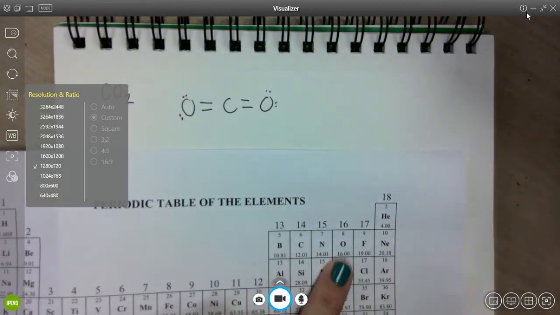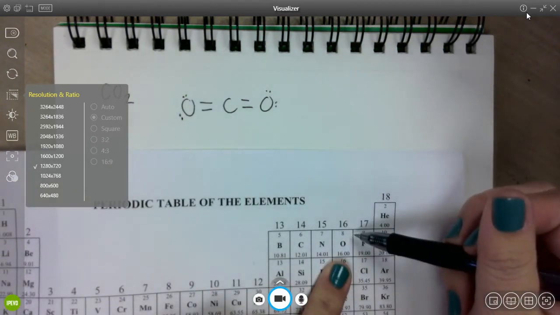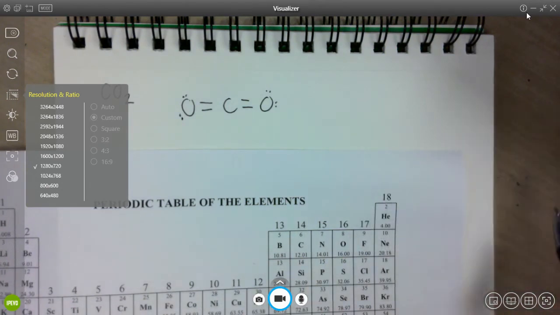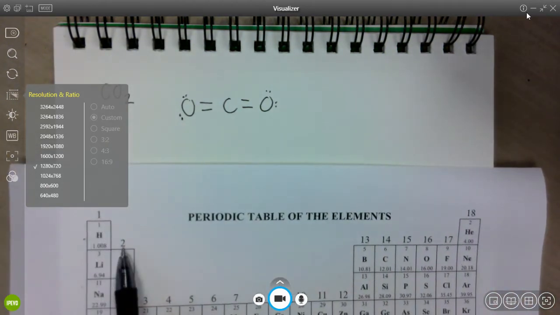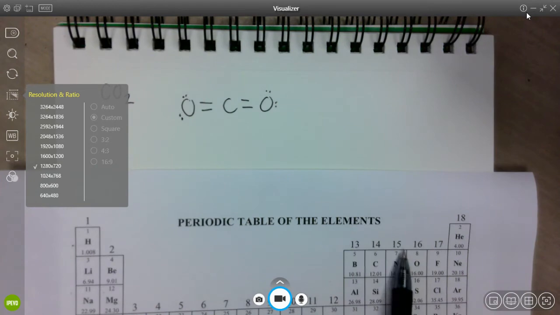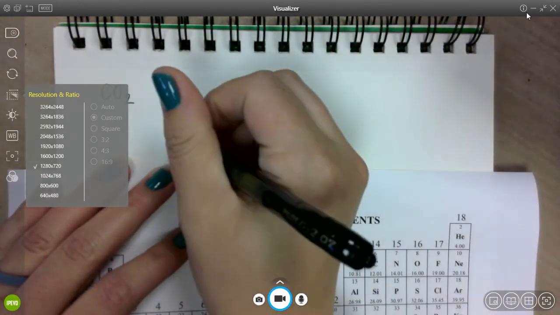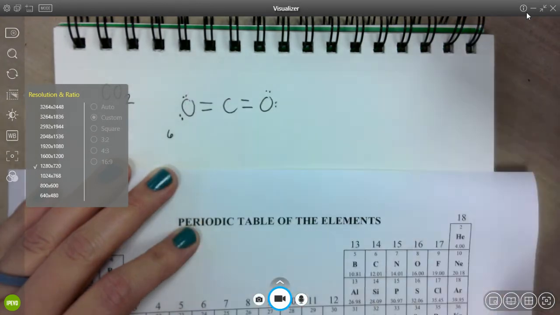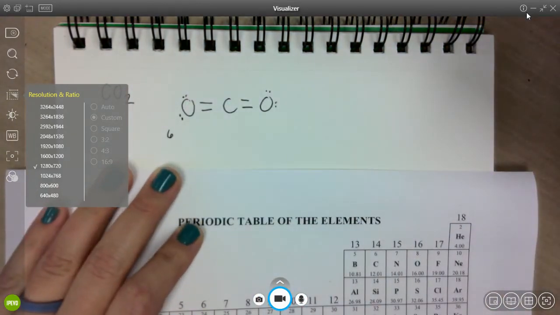Okay, oxygen has 8 electrons in it total, but if you remember valence electrons, it's 1, 2, 3, 4, 5, 6. So oxygen has 6 valence electrons. So to do a formal charge calculation, I'm going to do 6 to start off with because it has 6 valence electrons, okay?